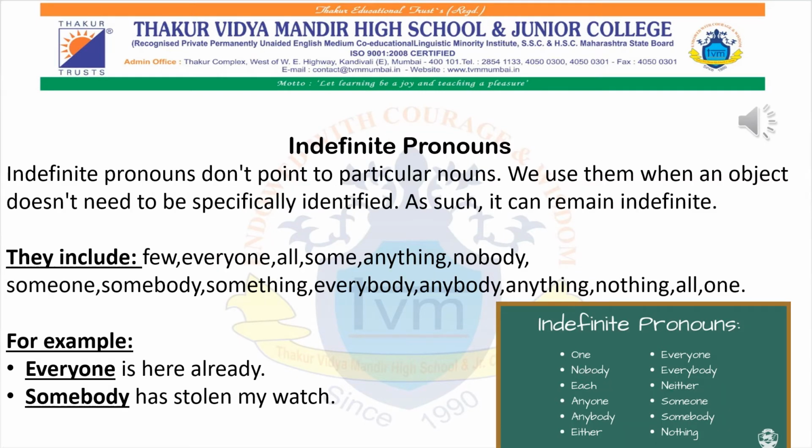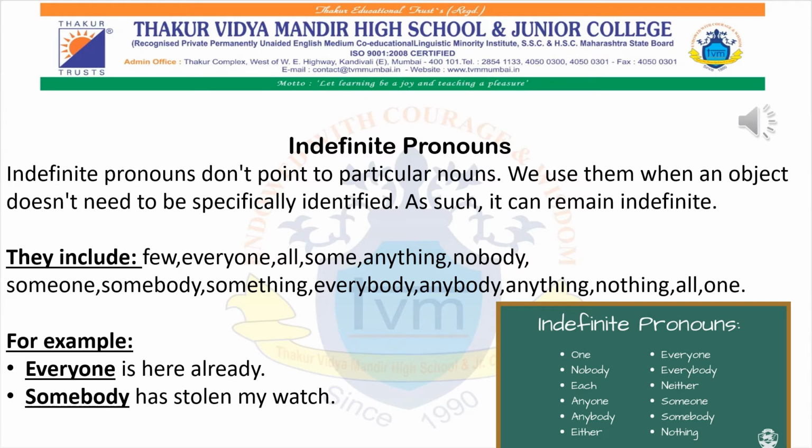Now we are going to study the third kind of pronoun, that is the indefinite pronoun. The word itself tells us that these are pronouns that refer to a person or event that is not clearly specified. If it was definite, then we would know that particular object.